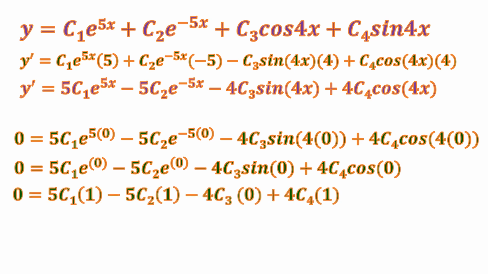And then we'll change e raised to the 0 into 1, and sine of 0 is 0, cosine of 0 is 1. And then multiplying by 1 is just itself, and the negative 4 c sub 3 times 0 will be gone because it's times 0. So we have created another equation where we're going to use it later, using the elimination method, to find its constants.